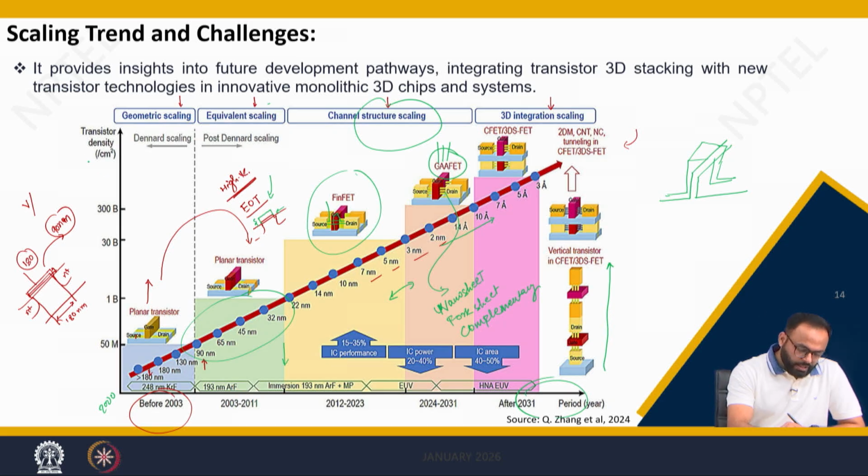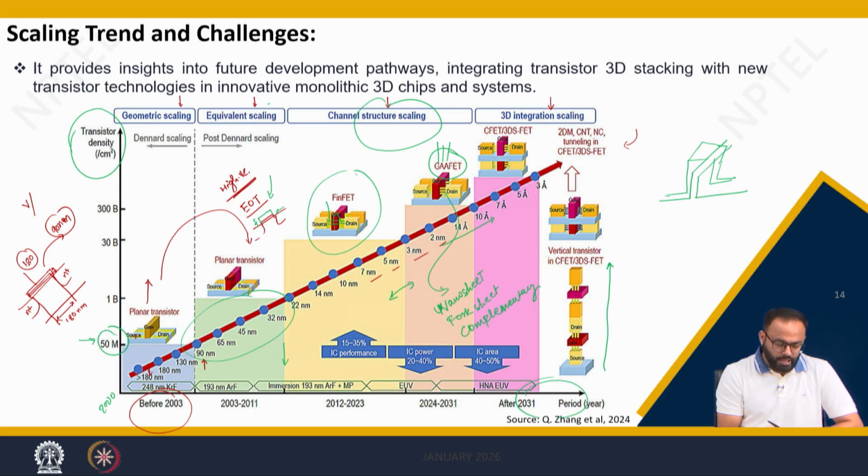This graph shows the transistor density. As you can see, in earlier days the transistor density per centimeter square was around 50 million, whereas now we have exceeded 300 billion. This also shows the evolution of lithography techniques, from 2003 to expected 2032.